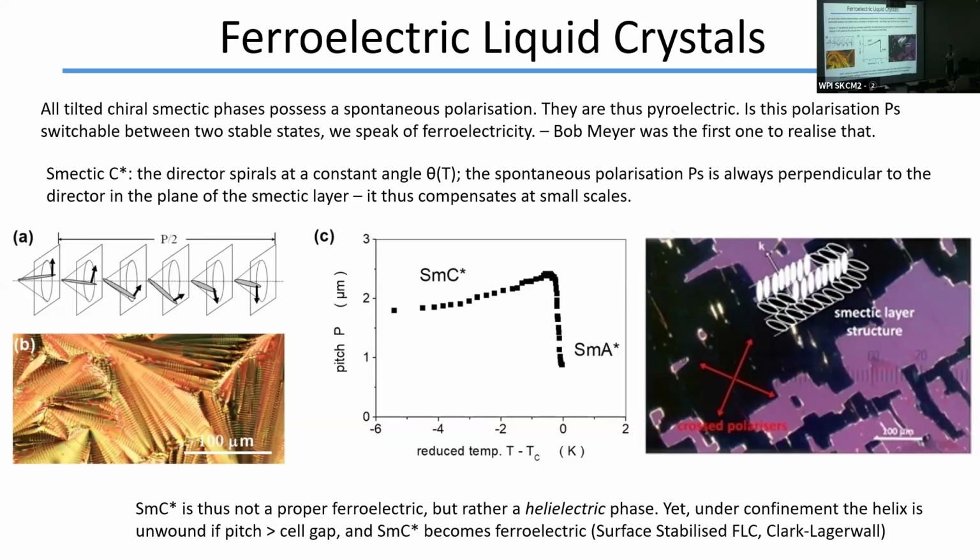So you have this sort of structure, and you put that in a cell, and you're left with either that or that direction, right? So plus theta and minus theta. And that's it. And those are your two domains. And between those two domains, you can switch back and forth by changing the polarity of your electric field.